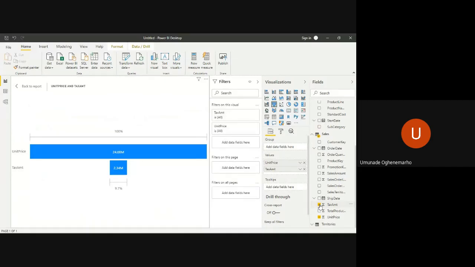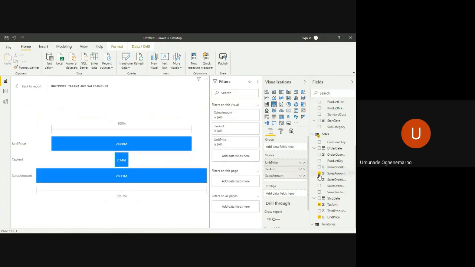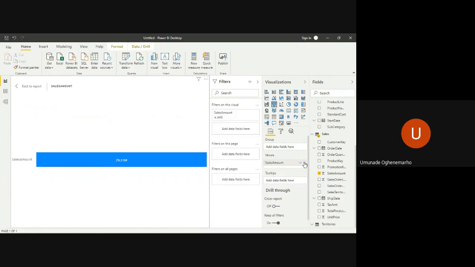Let's get the sales amount in here too. Now I have to put it in the order that we want.